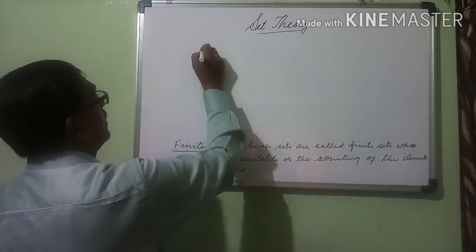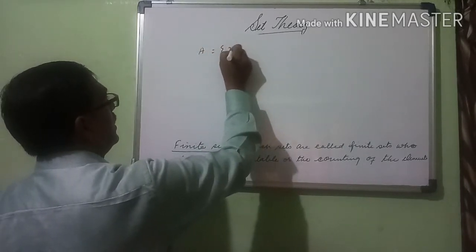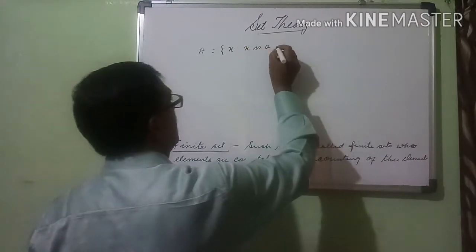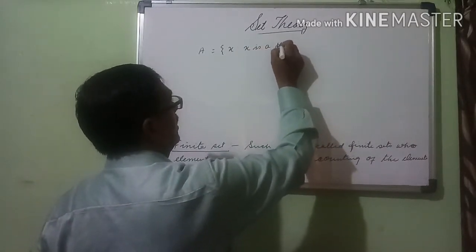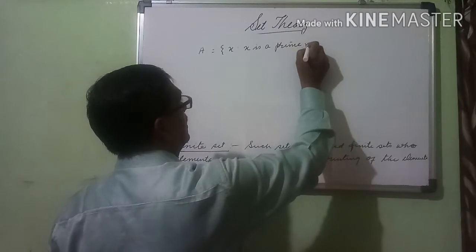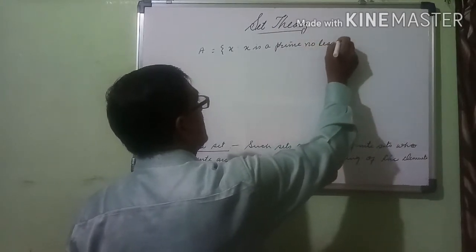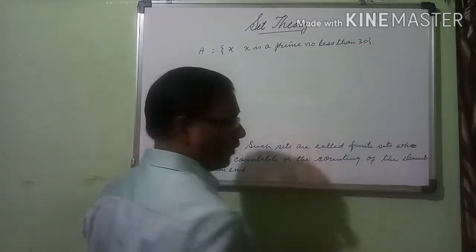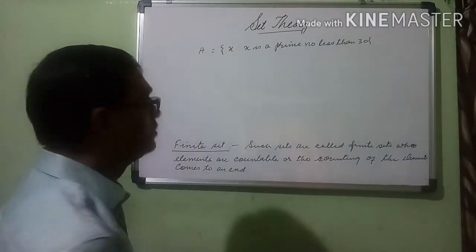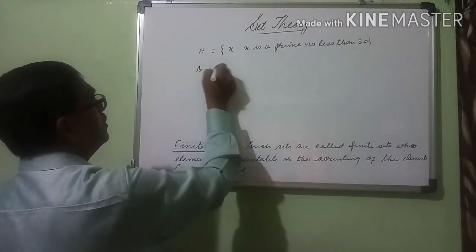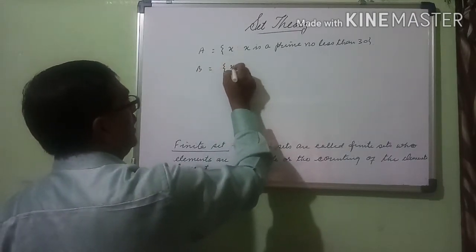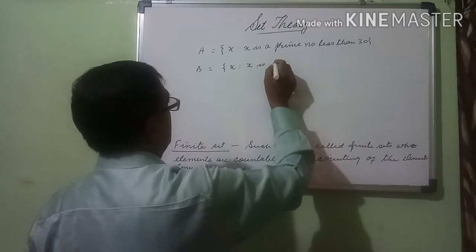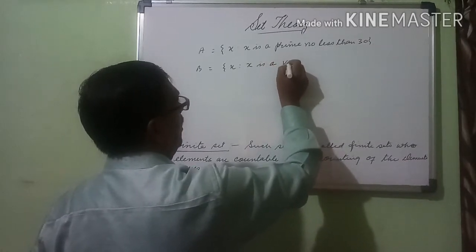Say A is equal to x such that x is a prime number less than 30. We can easily count. X such that x is a vowel.